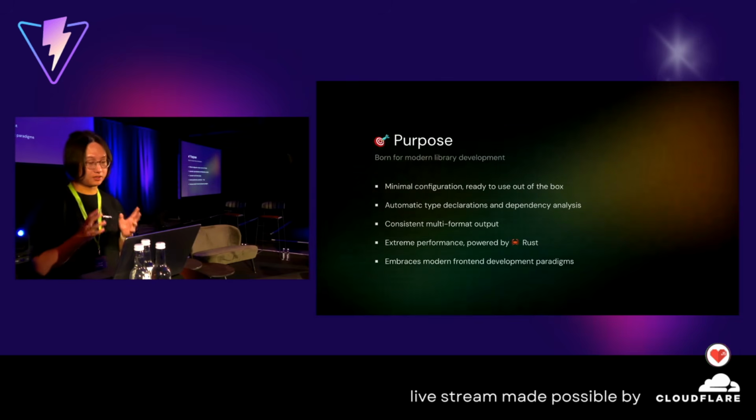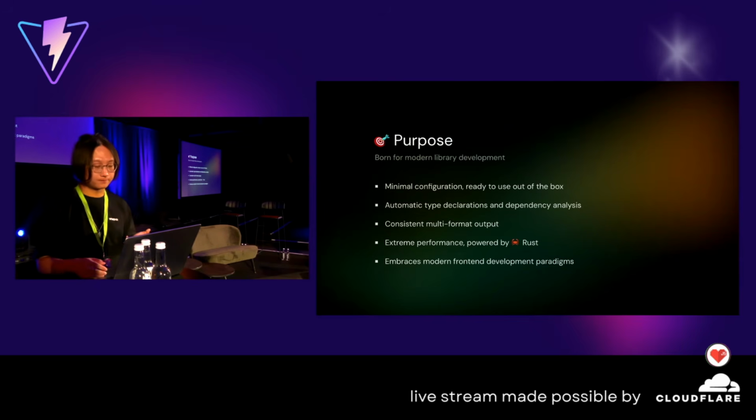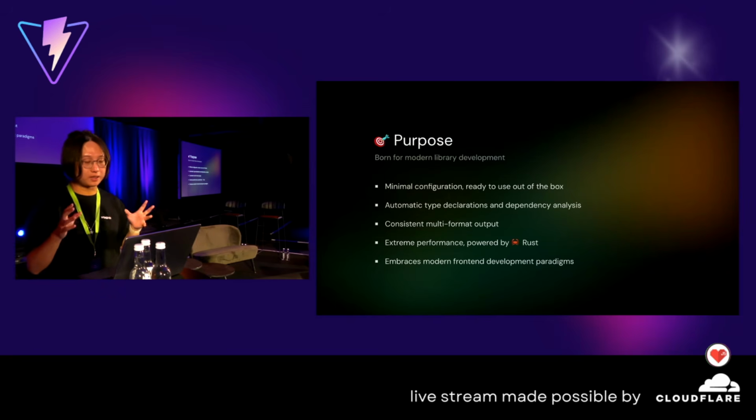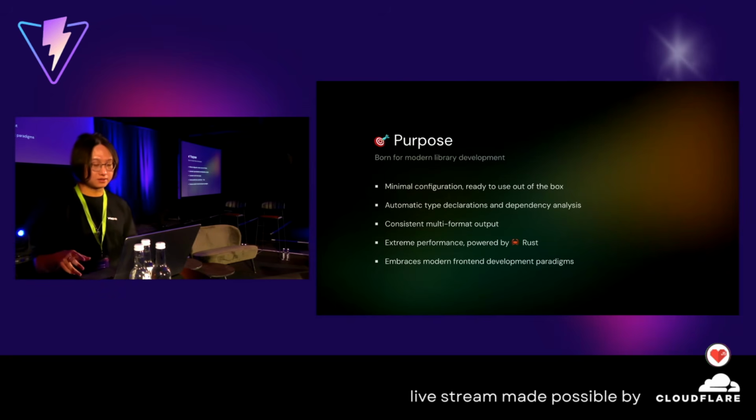tsdown's purpose is very clear. It's built specifically for modern library development. It aims for minimal configuration and works out of the box. It automatically handles type declarations and smart dependency handling, so it knows exactly what to bundle and what to externalize.